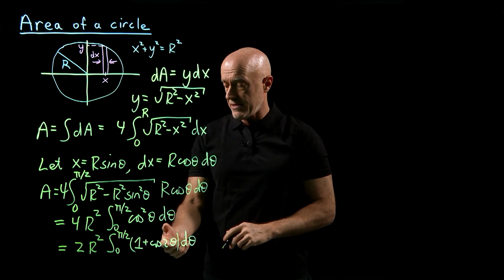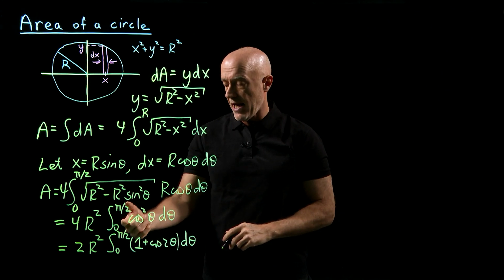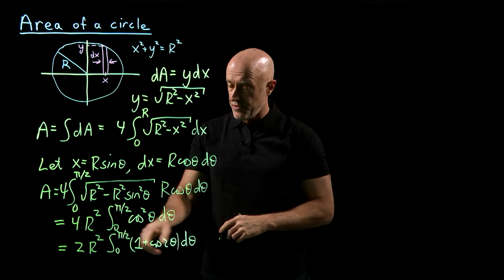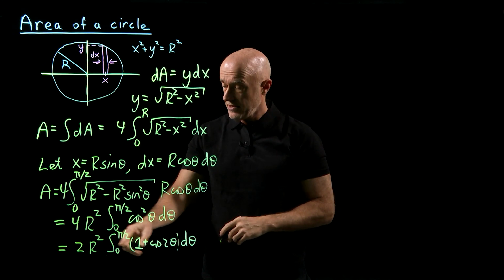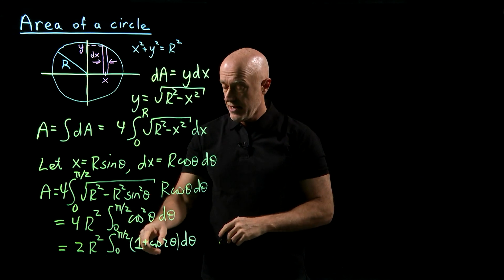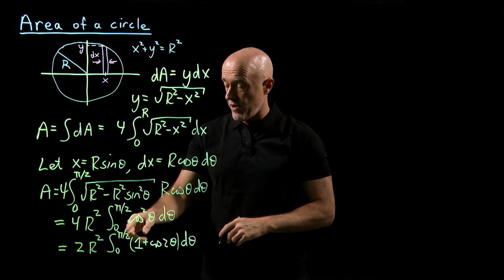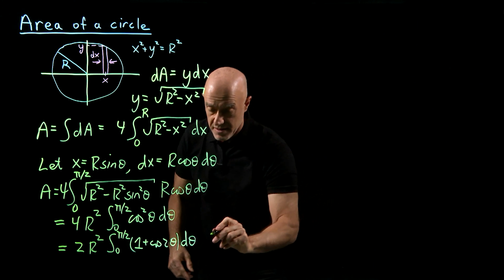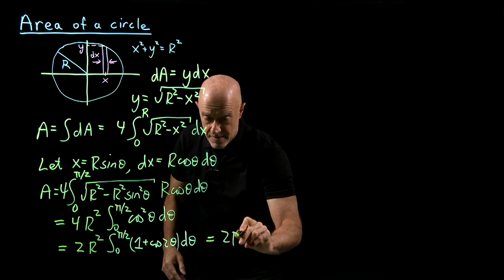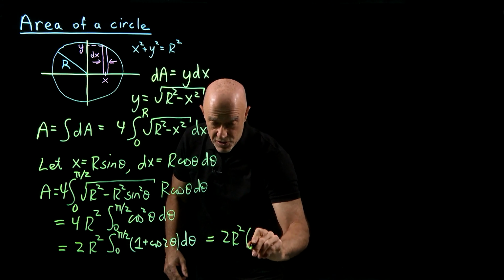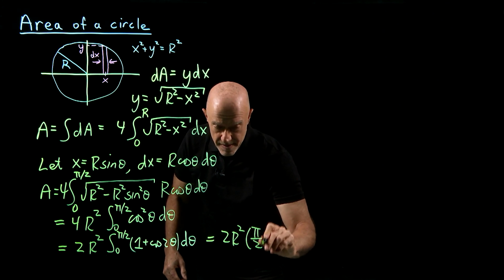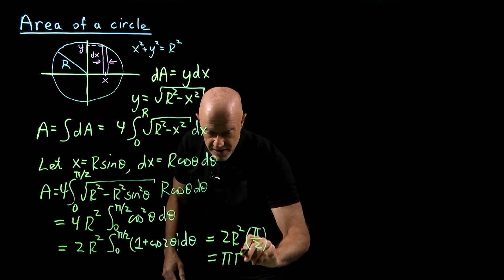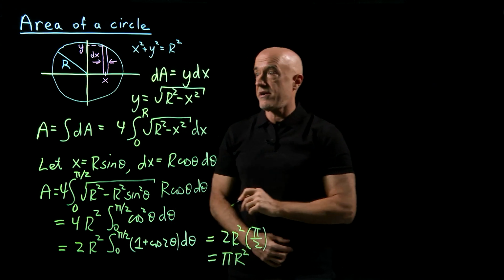And then at the limits, it would be sine pi and sine 0, which are both 0. So the only contribution here comes from the 1. So we have 2r squared times theta evaluated at pi over 2, or 2r squared times pi over 2, where the 2 cancels. So that's the area of the circle, pi r squared.